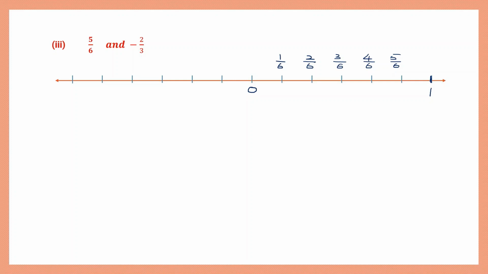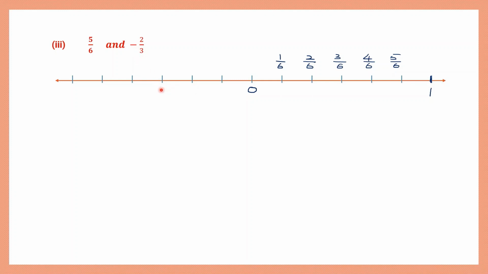Now the negative number that we have got here is minus 2 by 3. So there are two ways of doing this. One way is we are going to leave this rational number as it is. We're going to look at the denominator, and the negative side we are going to divide it into 3 parts. So after 3 parts you will have minus 1. So here we have 1, 2, 3. 3 parts because the denominator is 3.